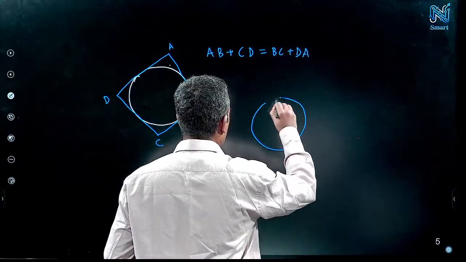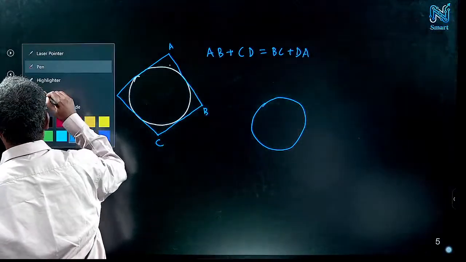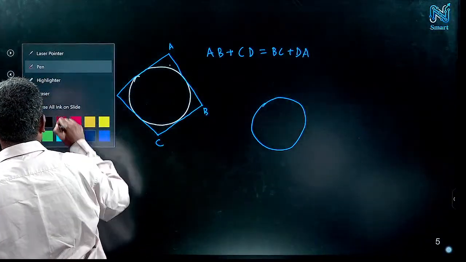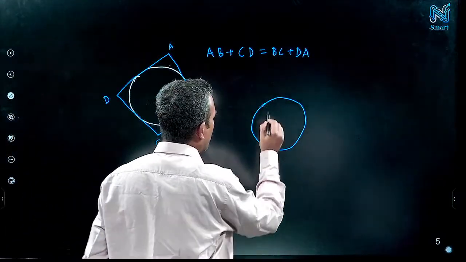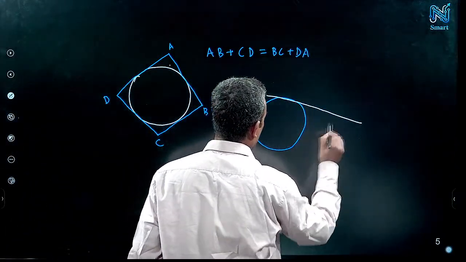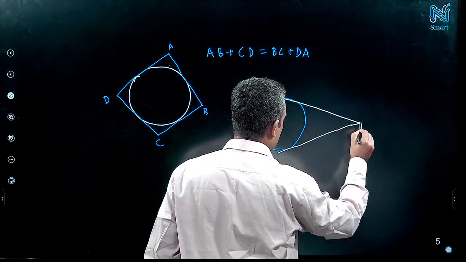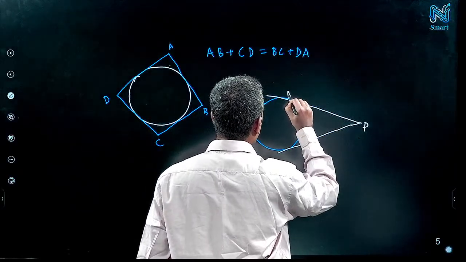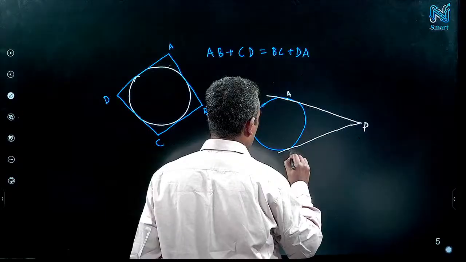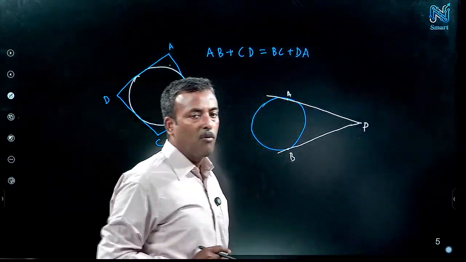Now this is a circle and we have two different tangents from an outside point. Say from P, this point is A, and A and B are called points of contact, right?